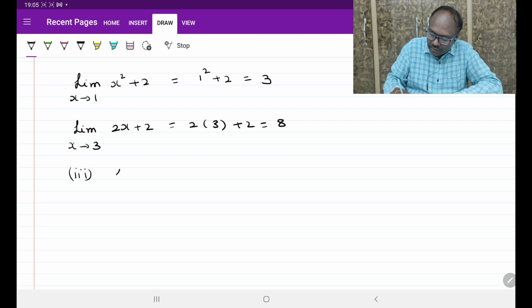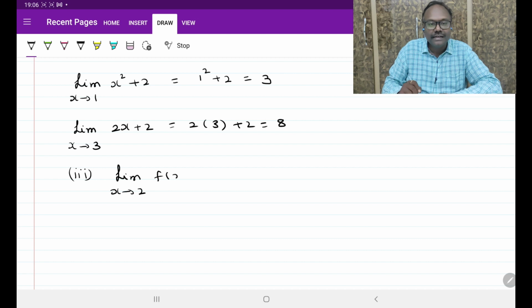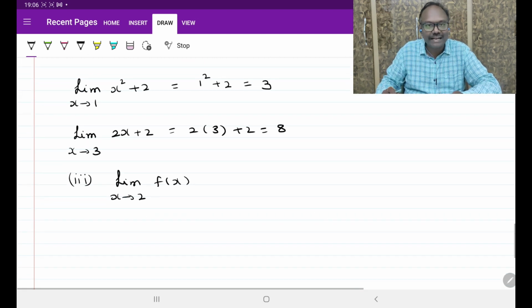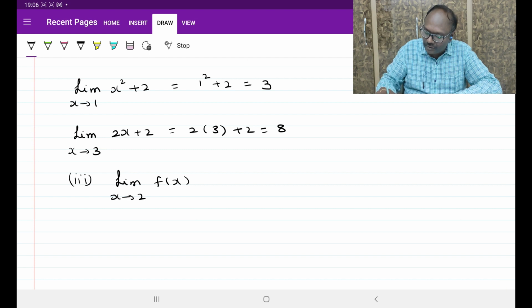Limit x tends to 2 of f of x. So in this case, we have to consider two cases, that is left hand limit and right hand limit. So let us try to find out the left hand limit.